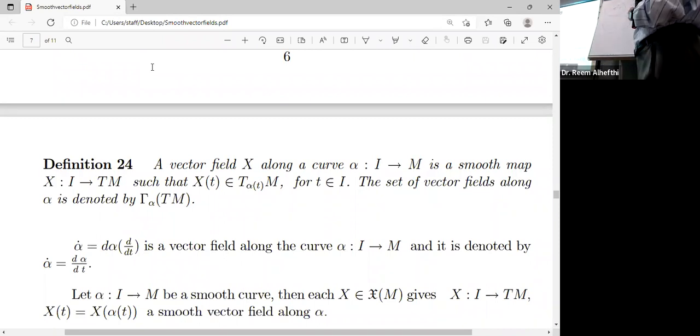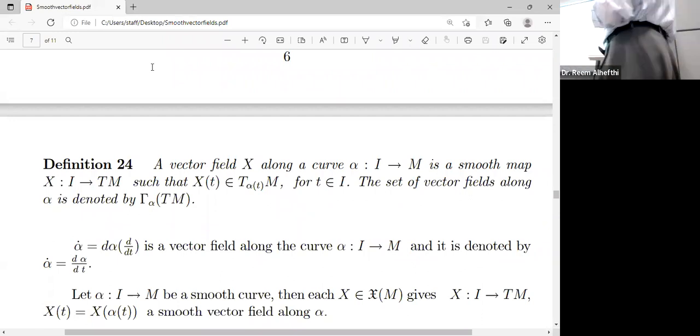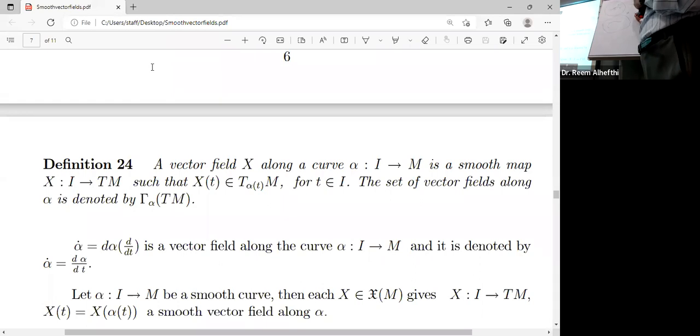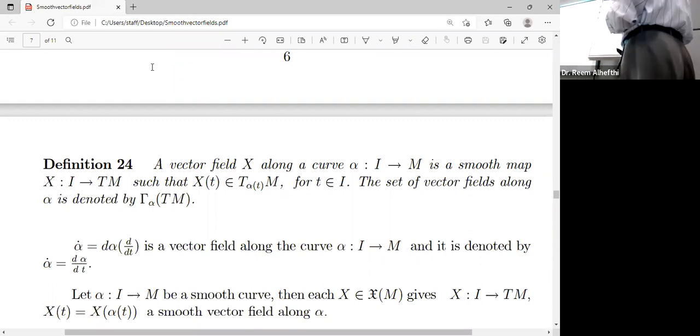Suppose this is a smooth curve in the manifold, and you define X from I to TM, such that, you have a smooth curve and you are defining X such that X of t belongs to T of sigma t.